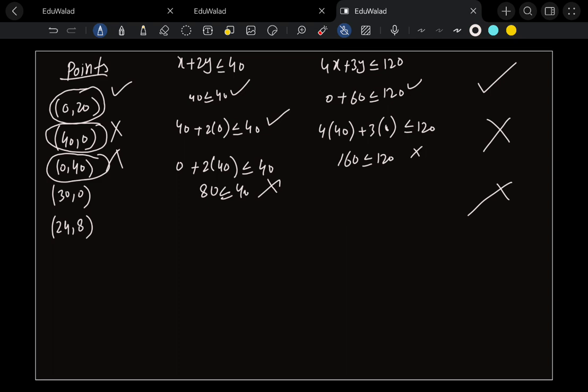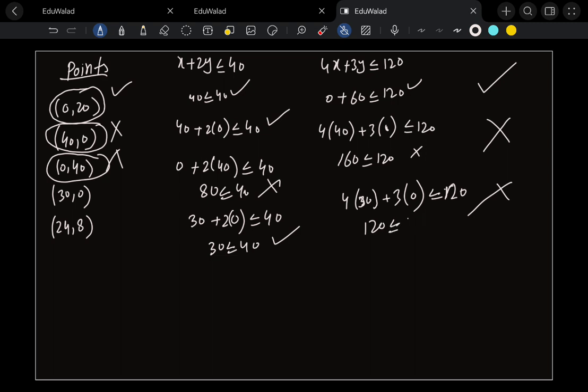So 30 and 0: put x equal to 30, 30 plus 2 into 0 is less than or equal to 40, so this becomes 30 is less than or equal to 40, which is true. And put here 4 into 30 plus 3 into 0 is less than or equal to 120, so 120 is less than or equal to 120, which is true, so we will add this point.